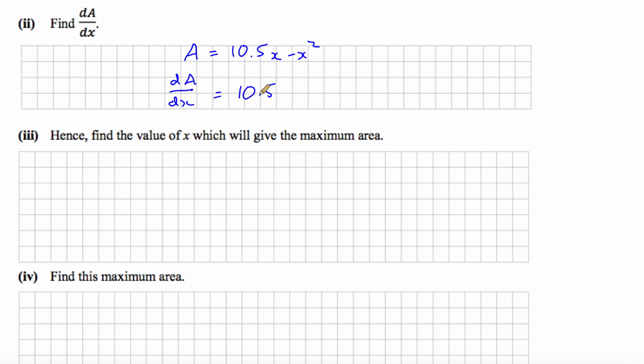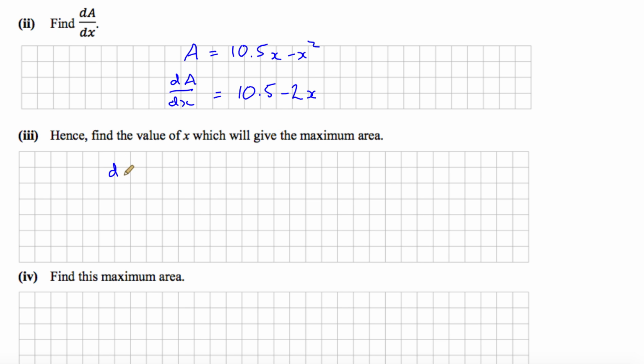And then differentiate minus x squared, you bring the 2 to the front, so it becomes minus 2x and the power reduces by 1, so minus 2x to the power of 1, or just minus 2x. So that's dA dx.